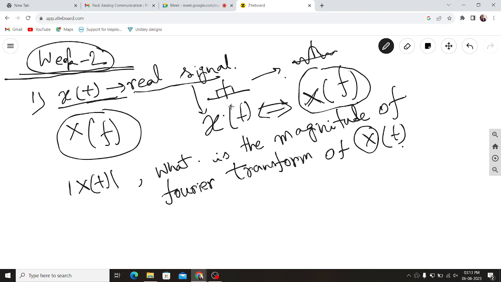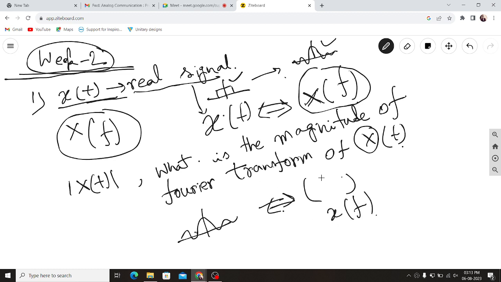So if we take a time domain signal that is a sinc sort of thing, then what will be the magnitude of this Fourier transform?